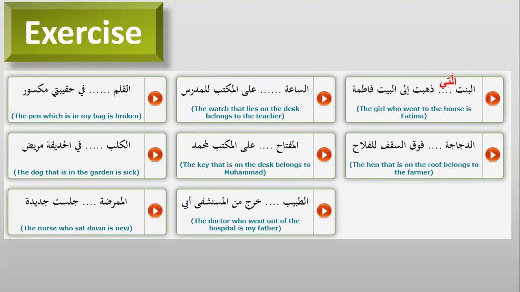Is it feminine or masculine? The watch is feminine or masculine? It is feminine because it ends with ta marbuta, so it is allati. Correct. Good. Okay, Farzana, third one. Al-qalamu fi haqibati maqsood.